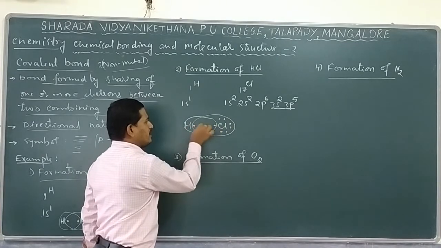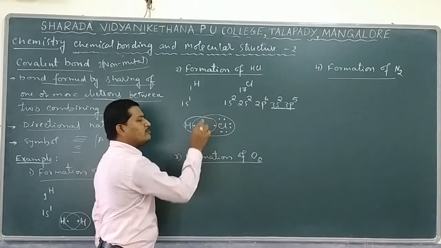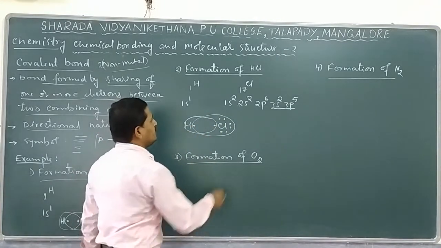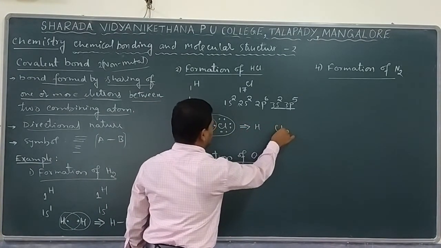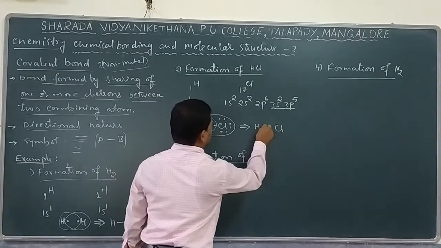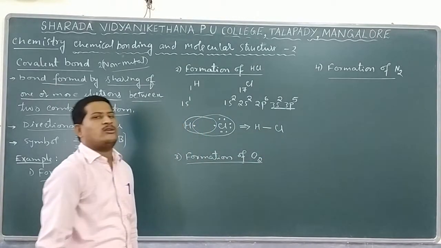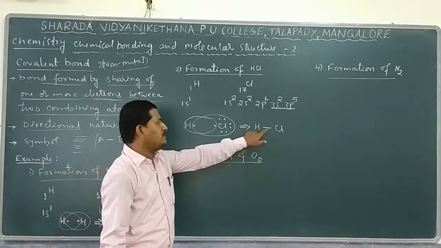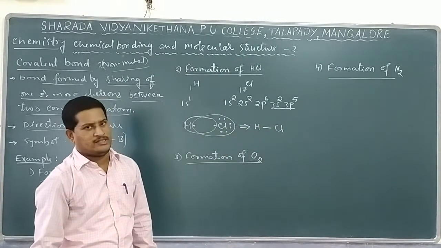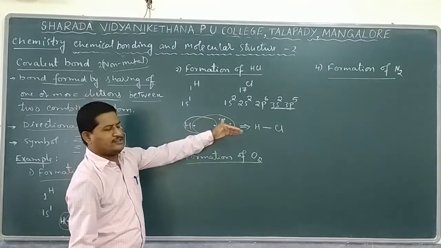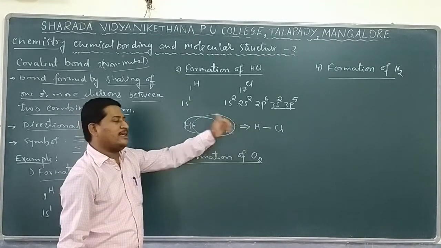As these two electrons, one from hydrogen and another from chlorine, are mutually shared, the bond formation takes place. Since only one electron pair is shared between these two, one covalent bond forms. So H single bond Cl, thereby HCl formation takes place. This is the way HCl bond formation takes place.